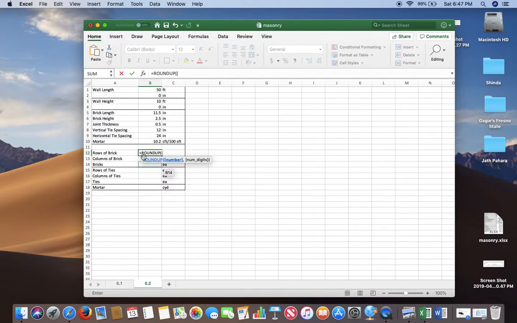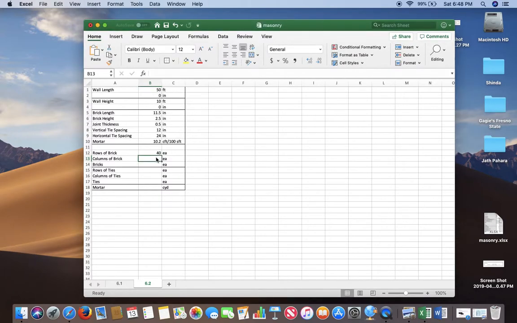Now we'll go to B3, your wall height, times 12, plus B4, 0, close that parenthesis, and we'll divide that by parentheses, the addition of B6 and B7, so that plus that, close parentheses, comma, 0, parentheses, enter. And we got 40.